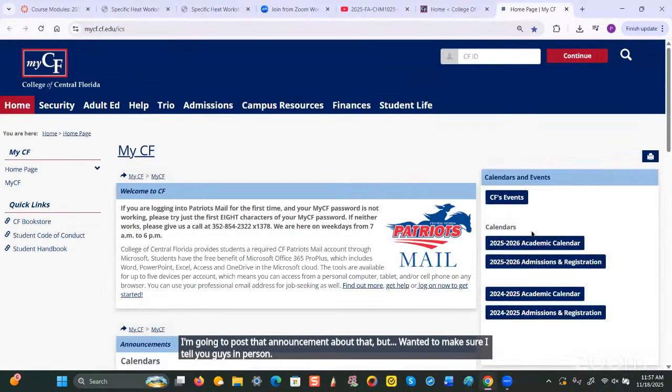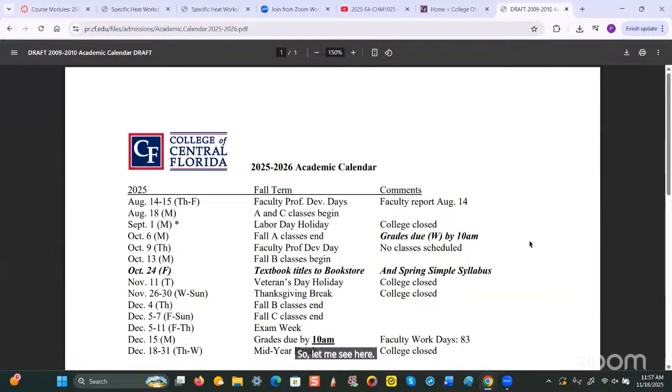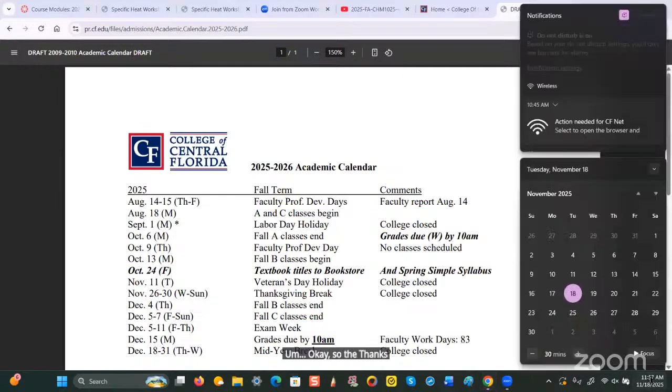According to the academic calendar, the Thanksgiving break is the 26th. And then we get back on the Monday following. So I'm going to make it the week of December 1st.